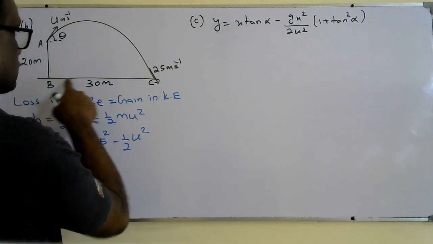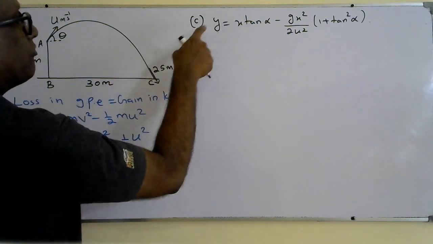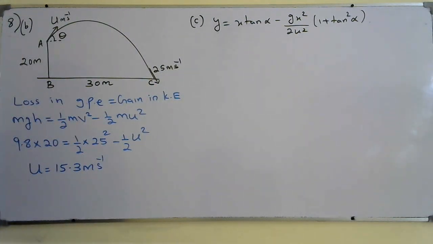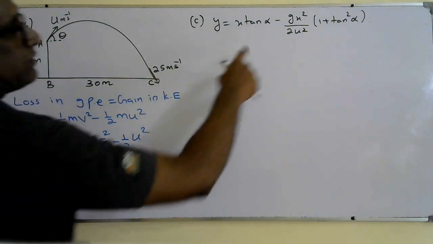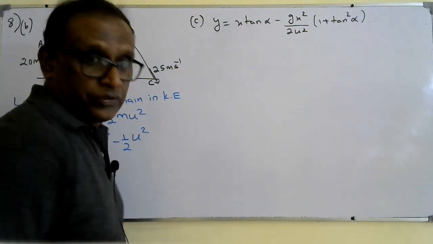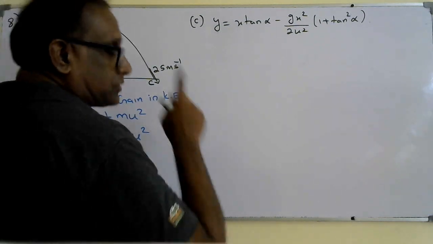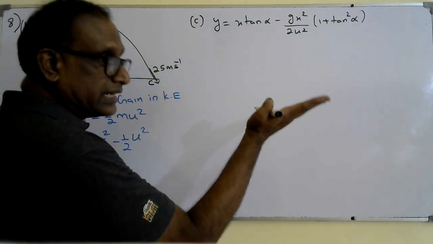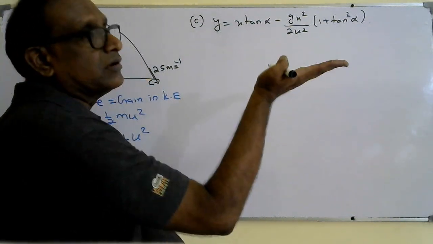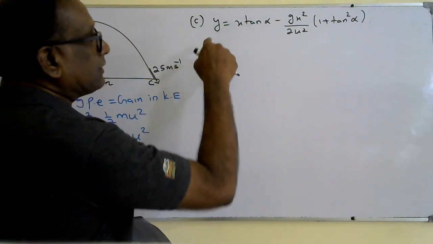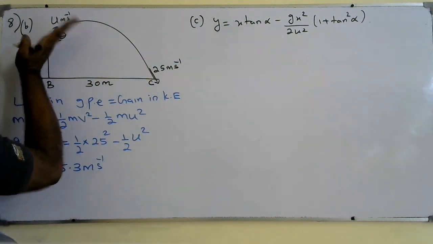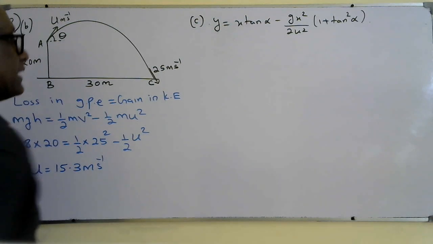That is, when the horizontal displacement is 30, the vertical displacement is 20 meters downwards. So everything we know, only alpha is unknown. We'll get a quadratic equation. Careful, y is downwards here. When we derived it, we took the vertical component of velocity up and the vertical displacement also up. Here the vertical displacement is down and the initial vertical component of velocity is up, so we have to put a minus sign here.